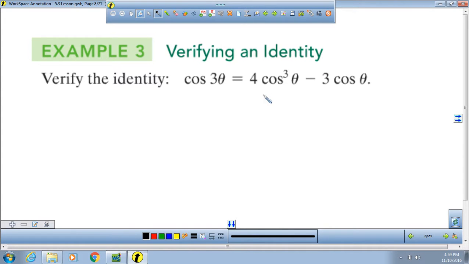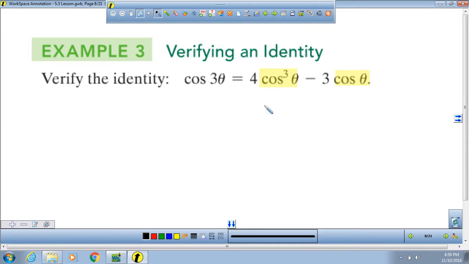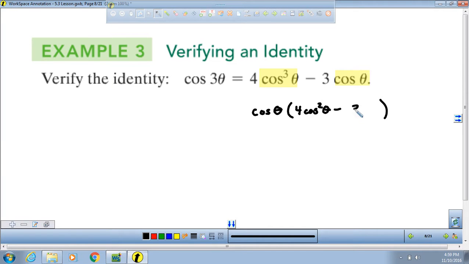It is not going to work, because as you can see, the only strategy that we can use on the most difficult side would be to factor the cosine of theta from both of these terms right here. But if I factor it, we're still left with 4 cosine square of theta minus 3.